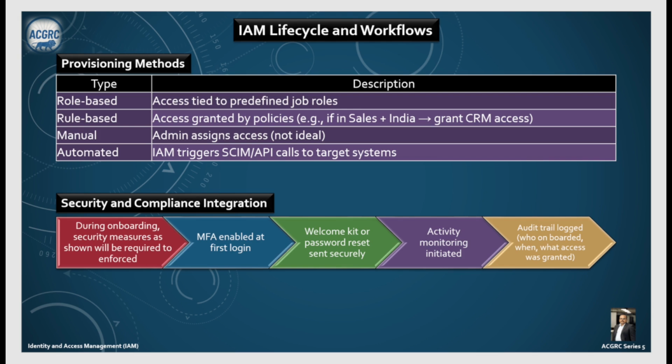What are the methods used for provisioning? It could be role based, rule based, manual, or automated. Role based is access tied to predefined job roles. Rule based is granted based on policies. Manual is where an admin assigns or changes access, and automated is triggered by SCIM or API calls.